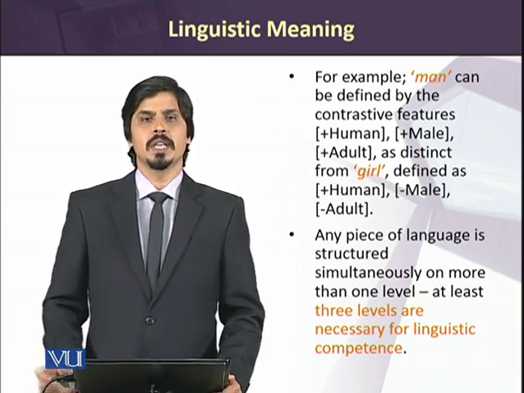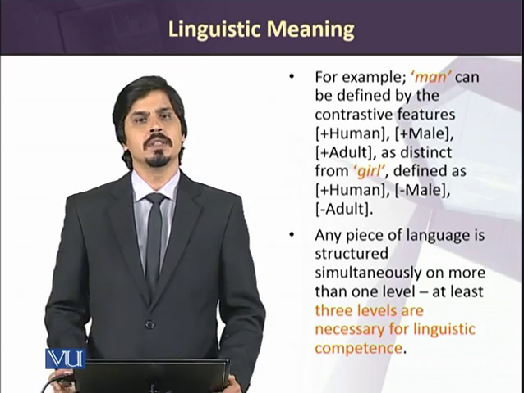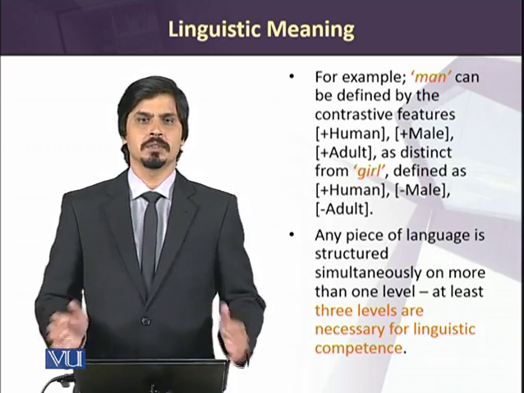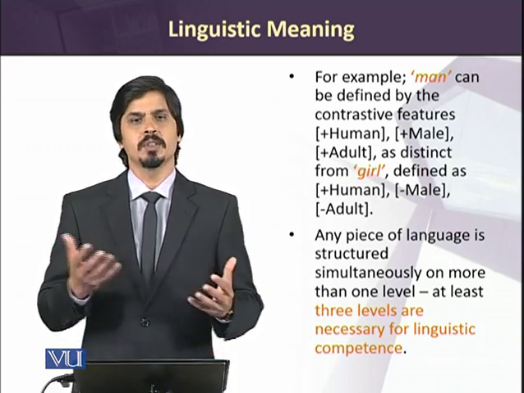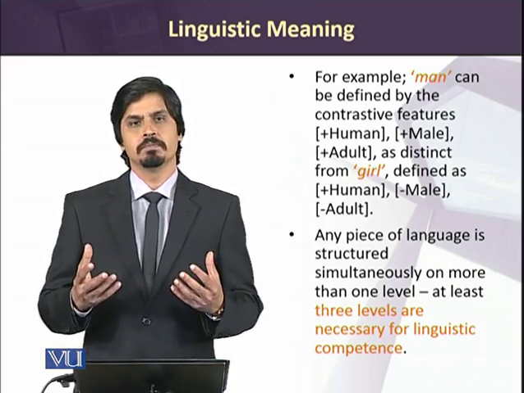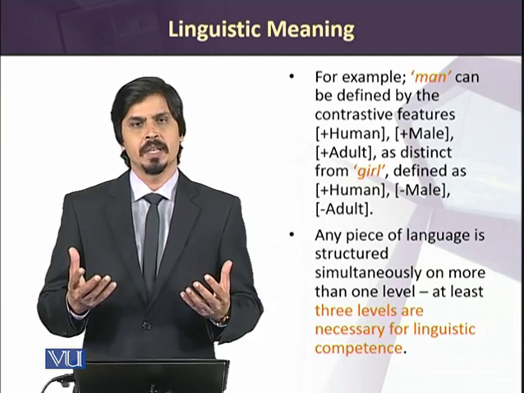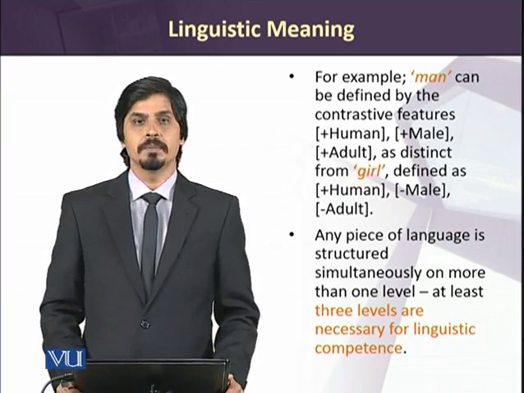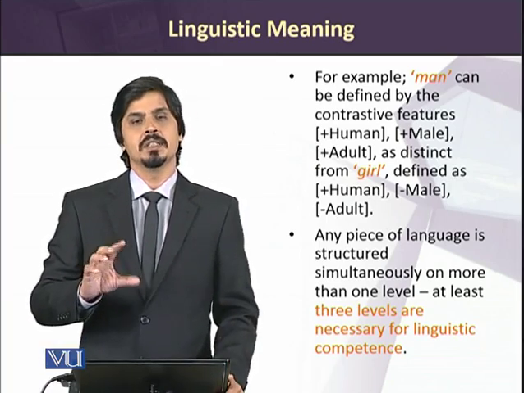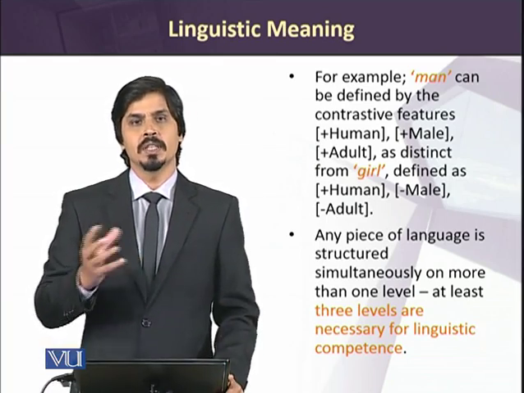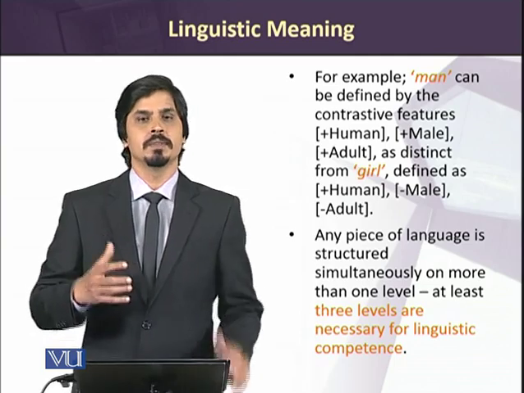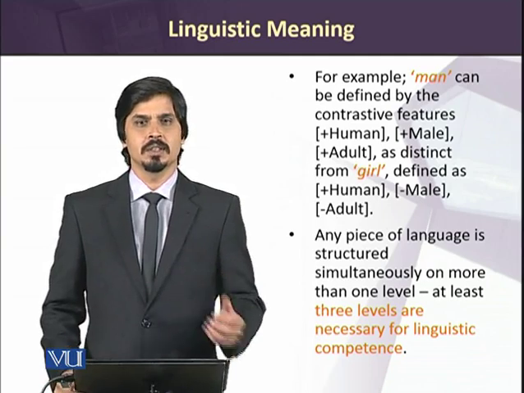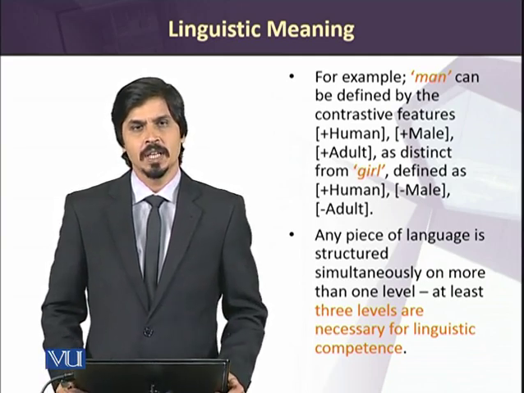For example, you must have heard this expression, be a man. This may be a socially acceptable or unacceptable expression depending on the societies we live in. But be a man here refers to the qualities which a male holds in a typical male chauvinist or male dominated society.